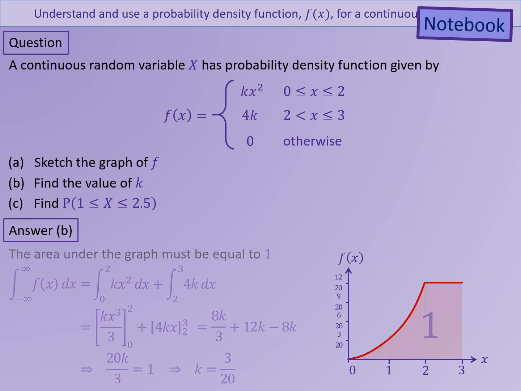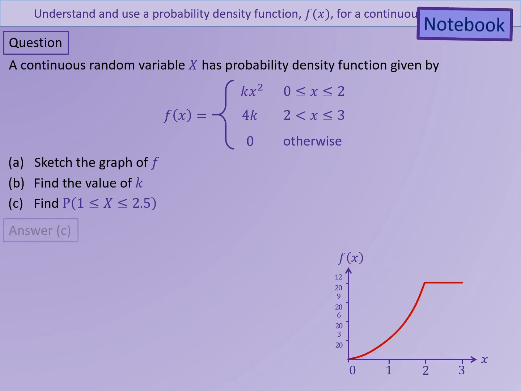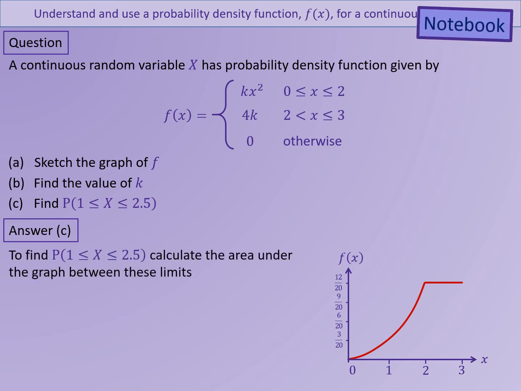Now for part C, we're going to find the probability that x is between 1 and 2.5 by finding the area under the graph between these two values. So we're going to have to do this in two separate integrals, as there are two parts to the function.